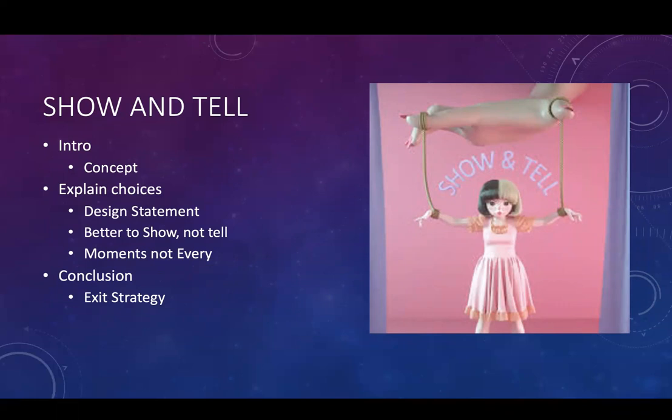I do mean you should explain why you've made those choices, but you don't want to tell us about your choices without showing us them. So what I mean by that is you don't want to just show a sketch and then describe how your sketch is not really accurate to what you want the design to be, and this is how you would change it. If that's the case, you should have some more supplementary images to help us see what you're talking about.